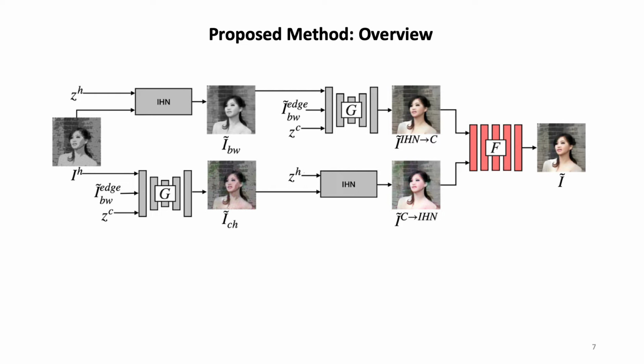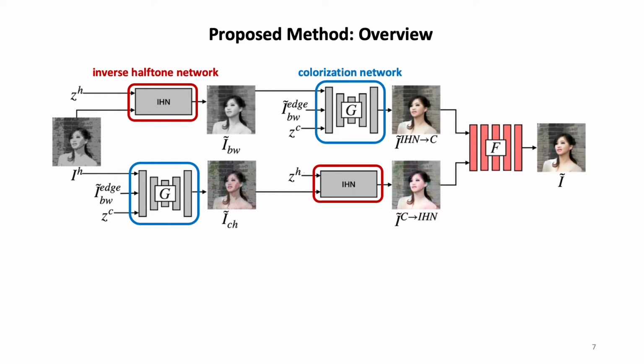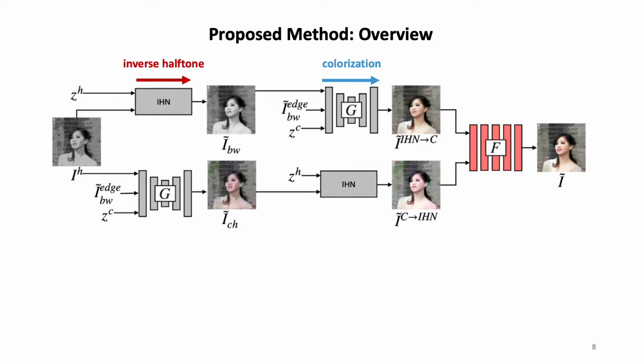Here is an overview of our architecture. There are three components: Inverse Halftone Network (IHN), Colorization Network (G), and Fusion Network (F). As introduced in the previous slide, we have two different orders of cascading the inverse halftone and colorization modules.